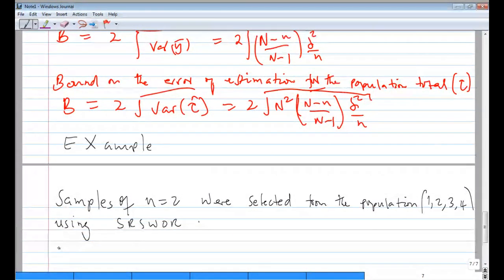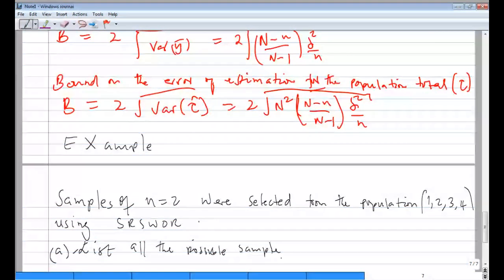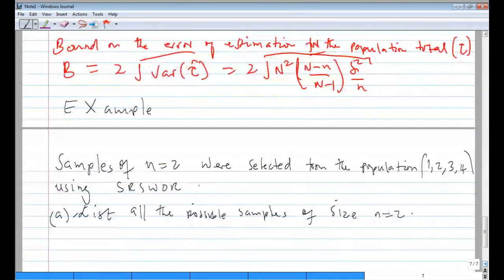So the question says, number A, list all the possible samples of size n equal to 2. I think it's simple, you can do that.